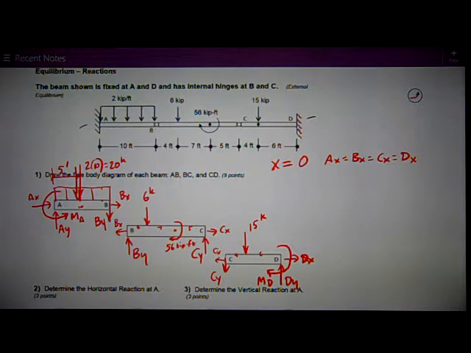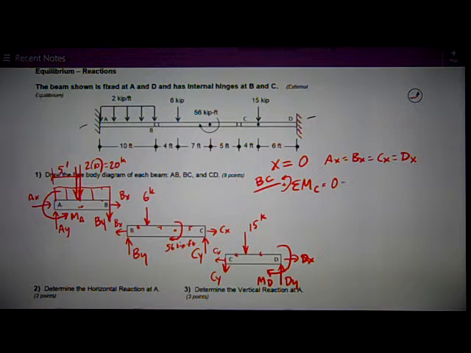So let's start on BC. Remember BC. I can sum moments about point C. And I'm going to assume counterclockwise is positive for this calculation.